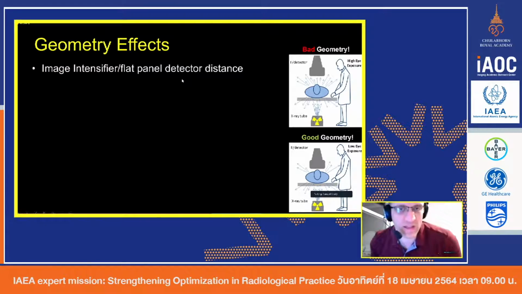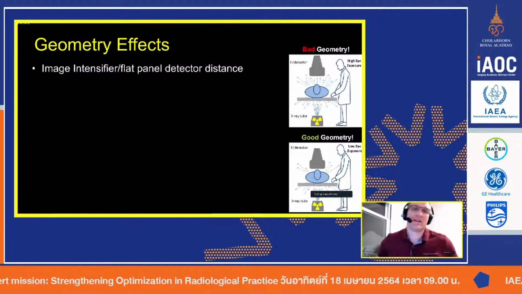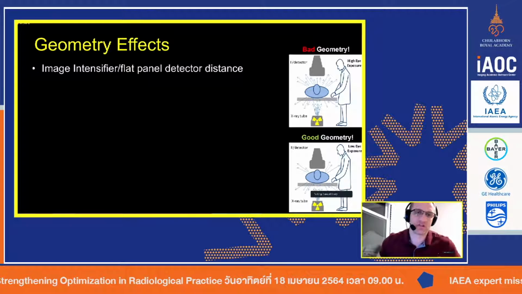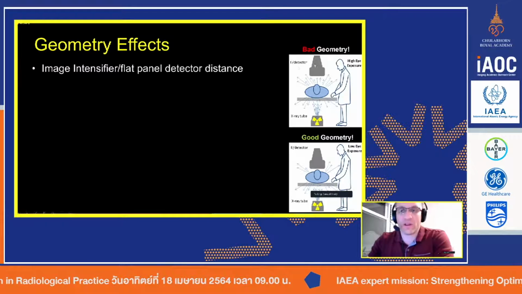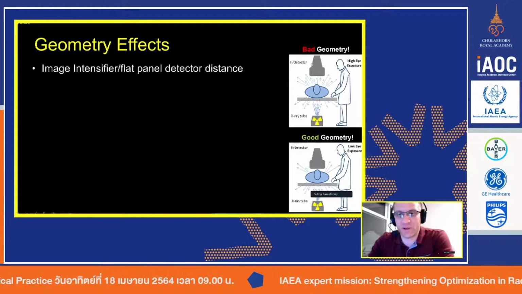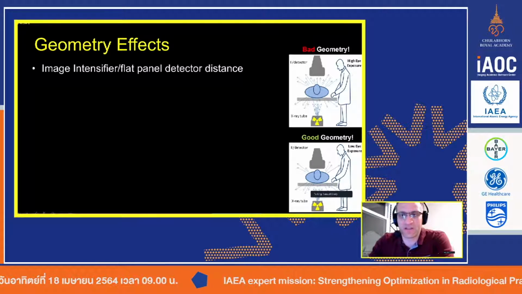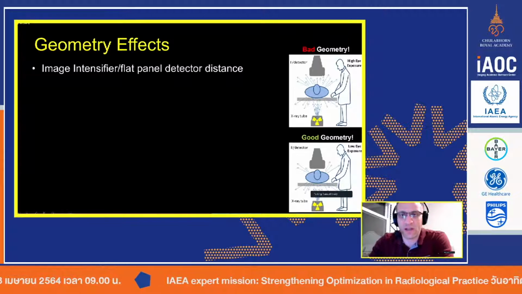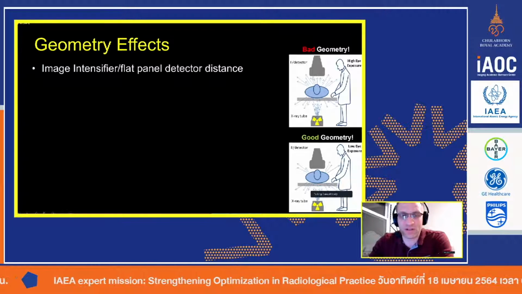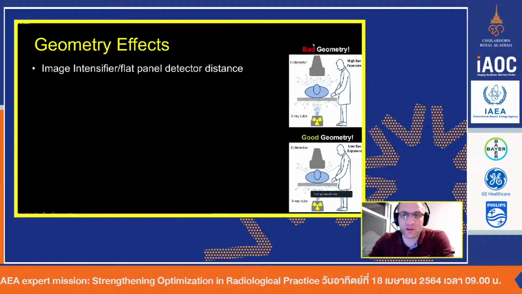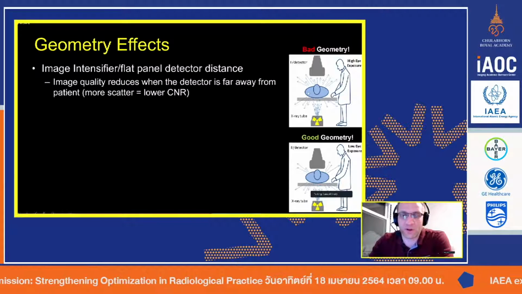All right, and so one of the last things we need to talk about is, as we mentioned, how you use the machine also directly affects the image quality. So if you've got an image intensifier or a flat panel detector, you're standing at the table and you're operating it, if it is elevated or away from the patient, you are using what's called bad geometry. Well, what's the problem with that?